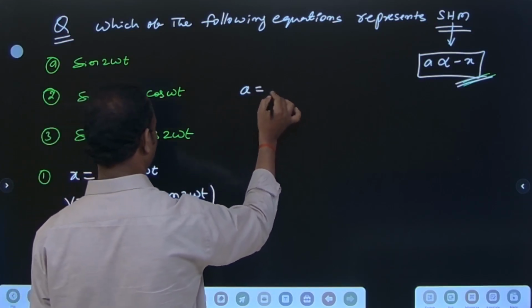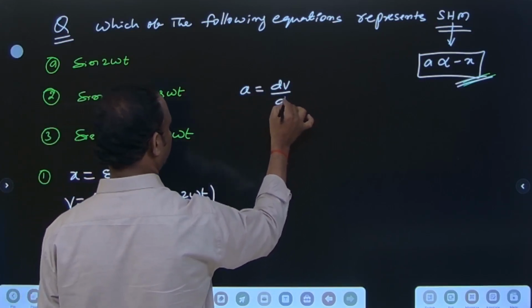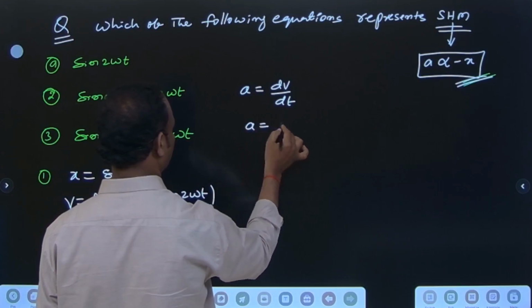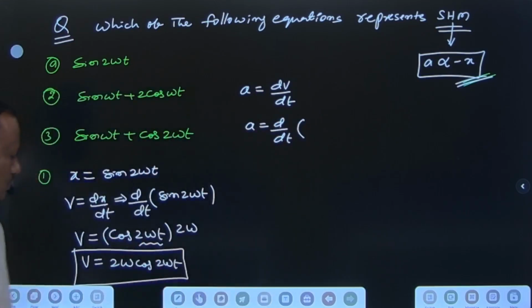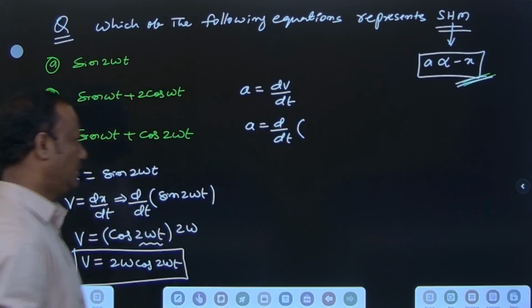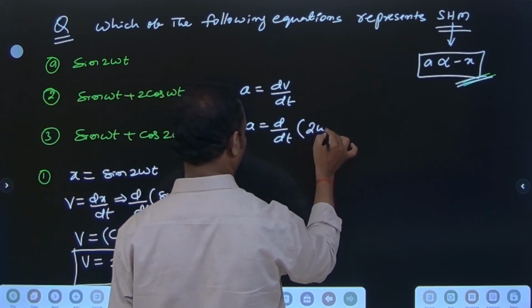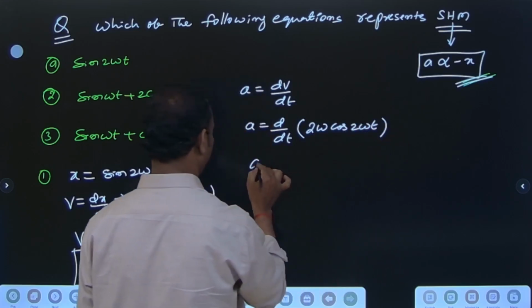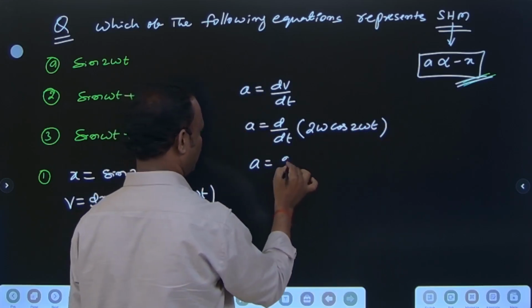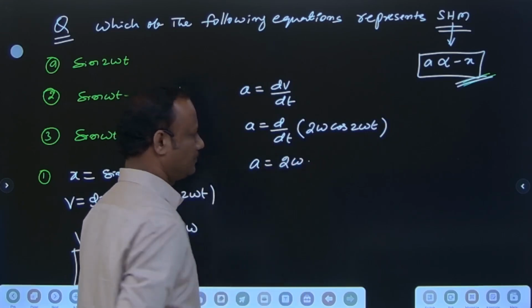After getting velocity, you write for acceleration. A is equal to dv by dt, that is d by dt of 2 omega cos 2 omega t. 2 omega as it is.